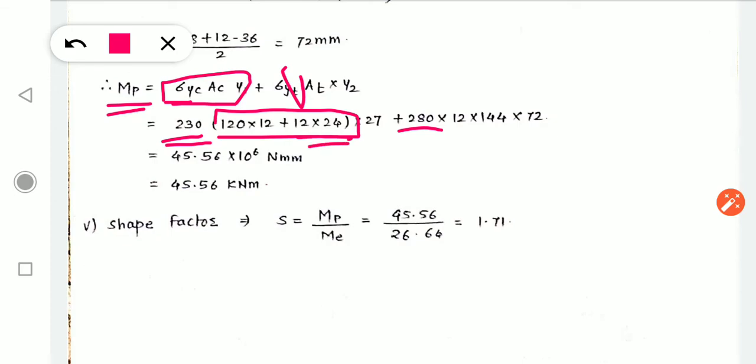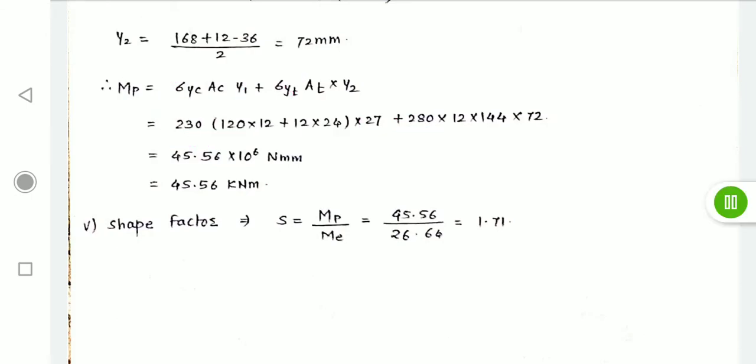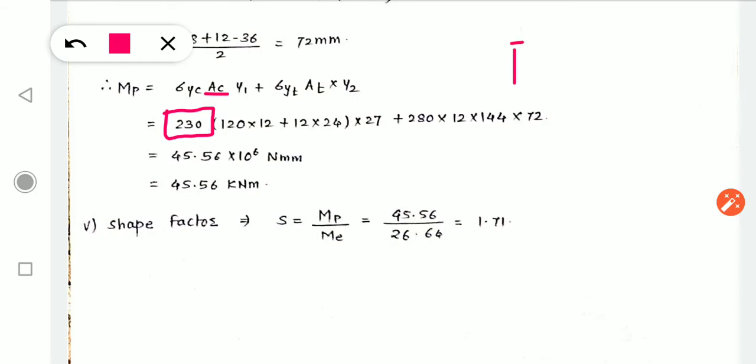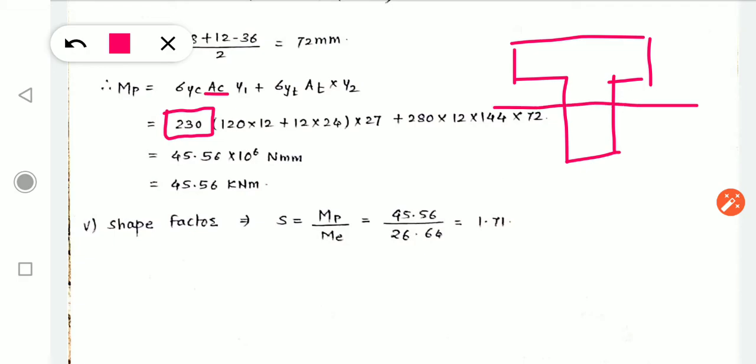Then sigma yt, this is sigma yt. These two values are given in the question, to be put into the formulas. Then AC will be, see here, this is your plastic section diagram for calculation of MP.